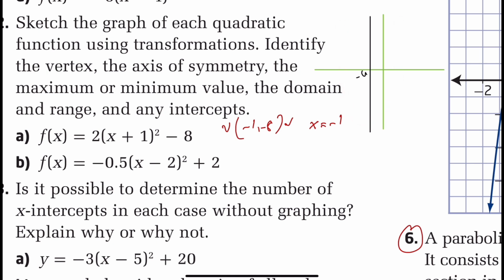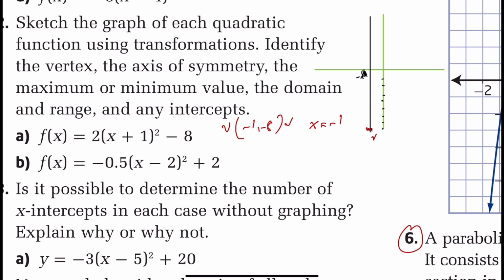The vertex is at (-1, -8), so we go down 1, 2, 3, 4, 5, 6, 7, 8. So this is my vertex point, my V.